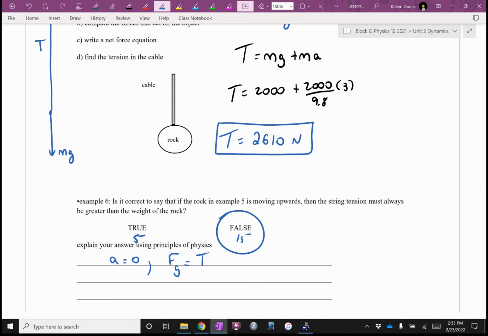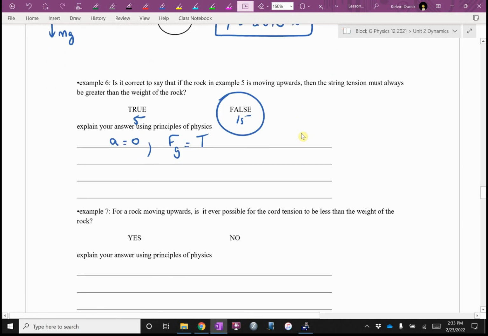But now Kai has opened up a little bit of a can of worms. So example 7, is it ever possible for the tension to be less than the weight of the rock? Well, I guess if we were accelerating down, because then gravity would be the winner. How the heck can we be accelerating down?